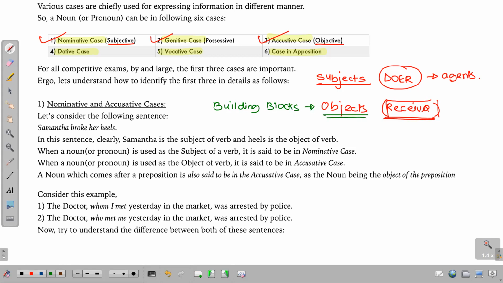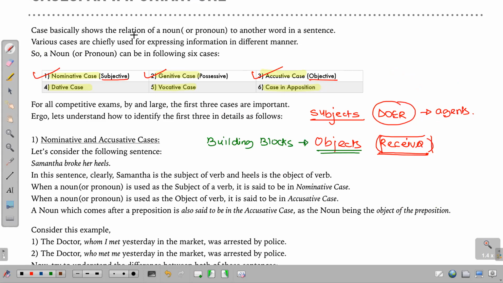Now, when a subject does something, it acts like a subject. When a doer does something, and when a pronoun is indicative of how the subject or the object is being treated, therefore we have cases. Cases basically define the verb, and the cases basically show the relation of a noun to another word, that is, how is it related. So is it acting like a subject? Is it acting like an object?